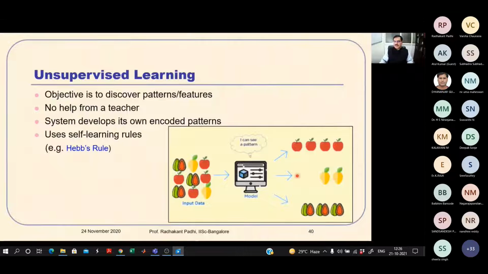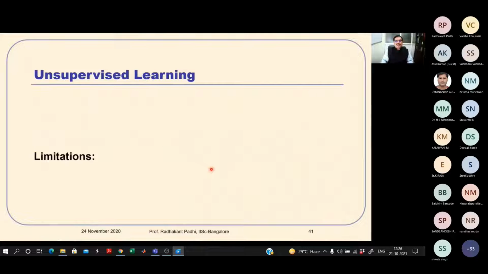In other words, if I happen to see the red color, or some yellow color, and then something else, it tries to classify. Oh, this looks like all red, so this must be something, and this looks like all yellow, something. That is the kind of learning rule that comes from Hebb's rule. So this is good in some sense, but it has not matured to a level that people can actually use confidently. So what happens to be a somewhat middle ground is reinforcement learning.